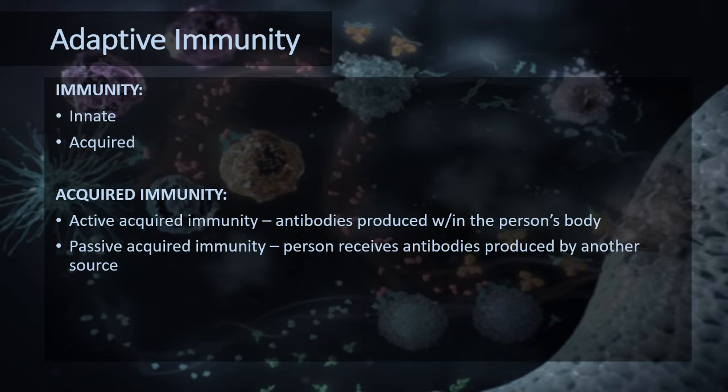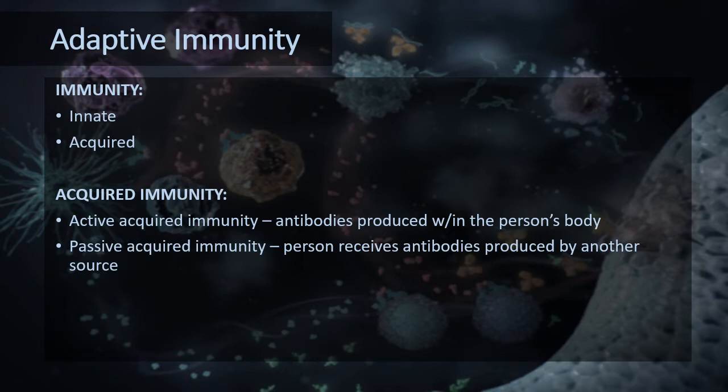While acquired immunity is an immunity that results from the active production or receipt of protective antibodies during one's lifetime. So we have two types of acquired immunity, the active acquired and the passive acquired. When we say active acquired immunity, this is where antibodies are produced within the person's body.